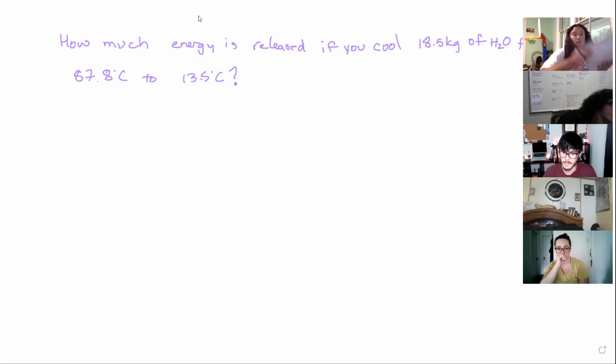All right, so this is a Q equals MC delta T problem. Okay, let me change color. There we go. Q equals MC delta T. So given information, we know the mass, it is 18.5 kilograms.